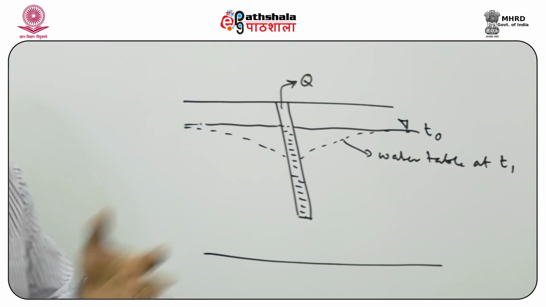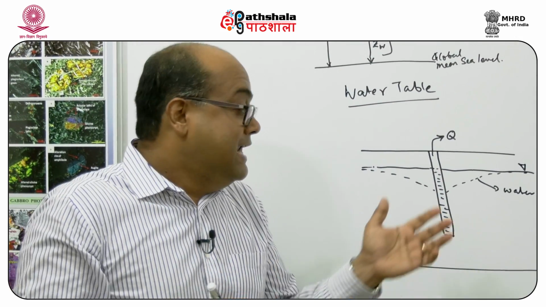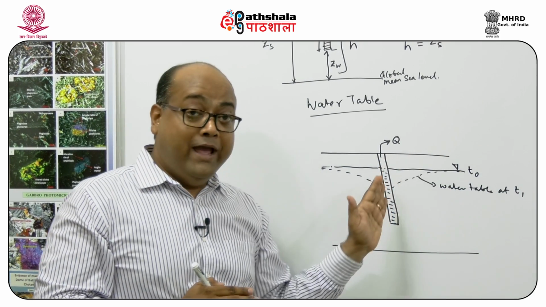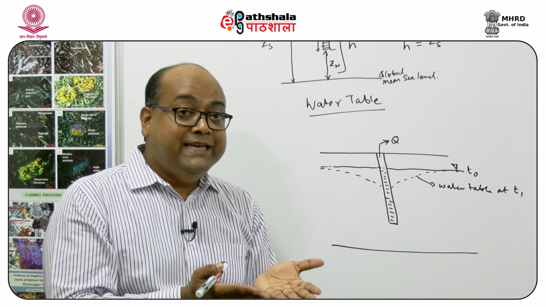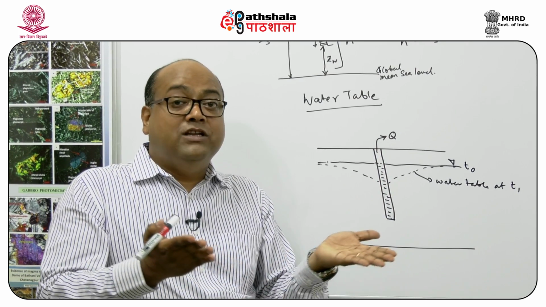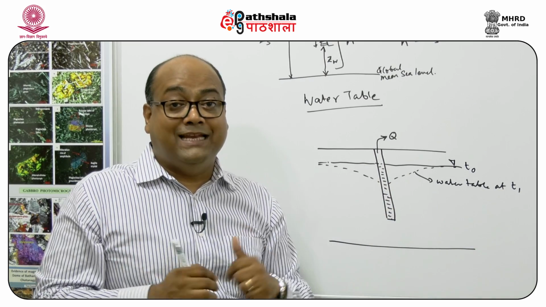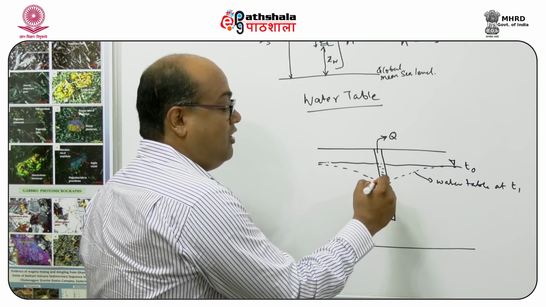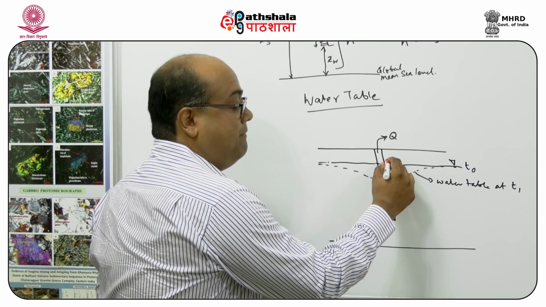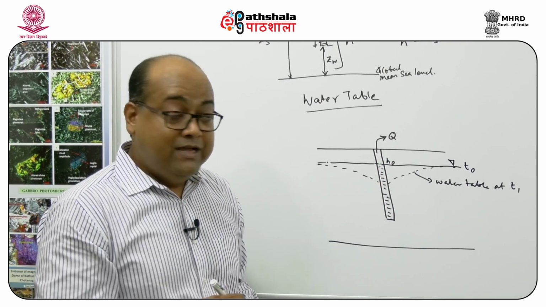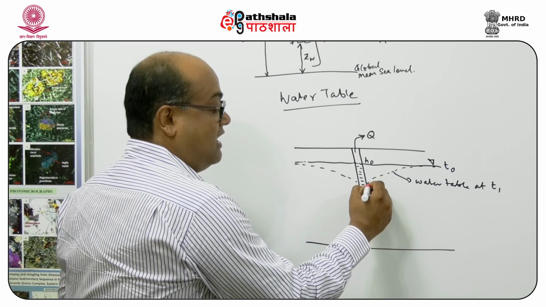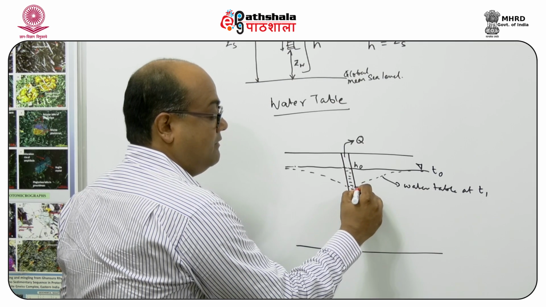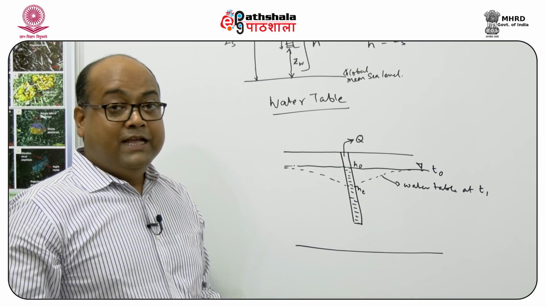So what we can see is that there is a depression forming near the well, and as you move away from the well from which pumping is taking place, the water level becomes very similar to the static level, or the before-pumping level. Now I represent the hydraulic head before the pumping has started as H0, and after the pumping has started, with the water level like this, as HT.